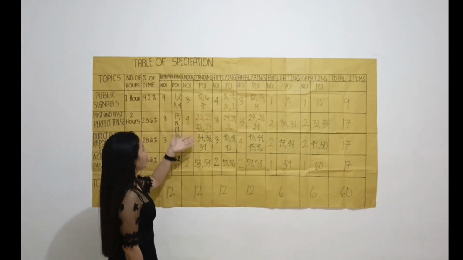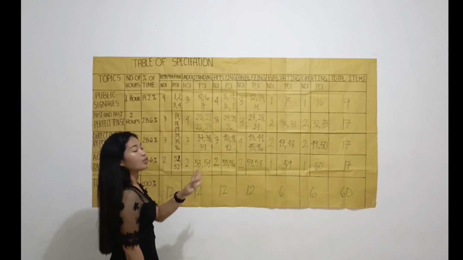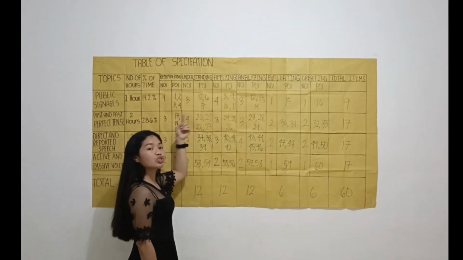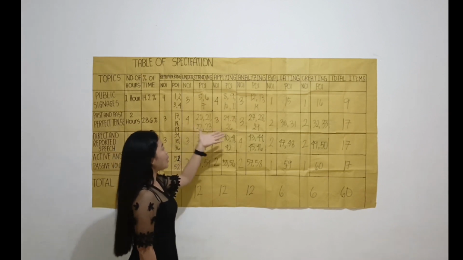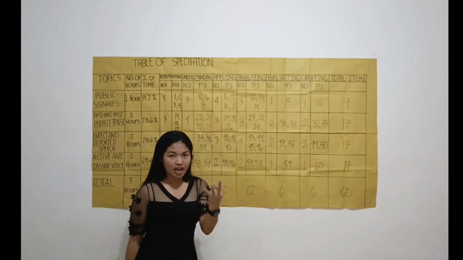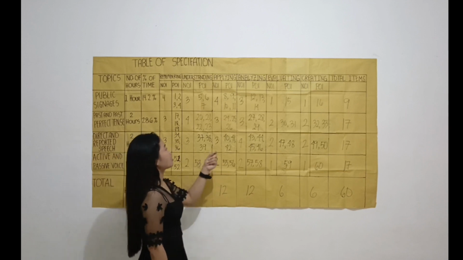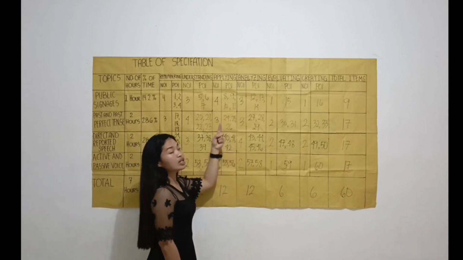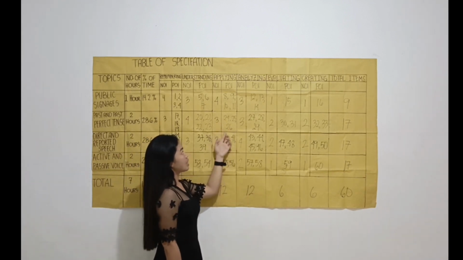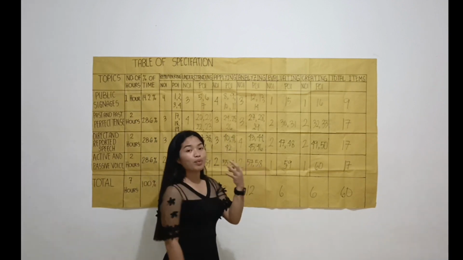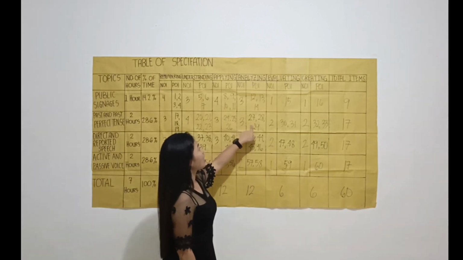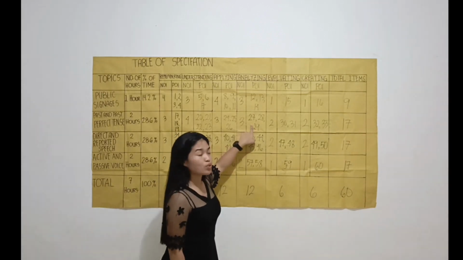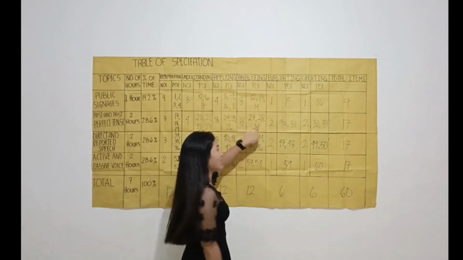For understanding, 4 items, placed in numbers 20, 21, 22, and 23. For applying, we'll also get 3 items, placed in numbers 24, 25, 26. As for analyzing, we will also get 3 items, placed in numbers 27, 28, and 29.